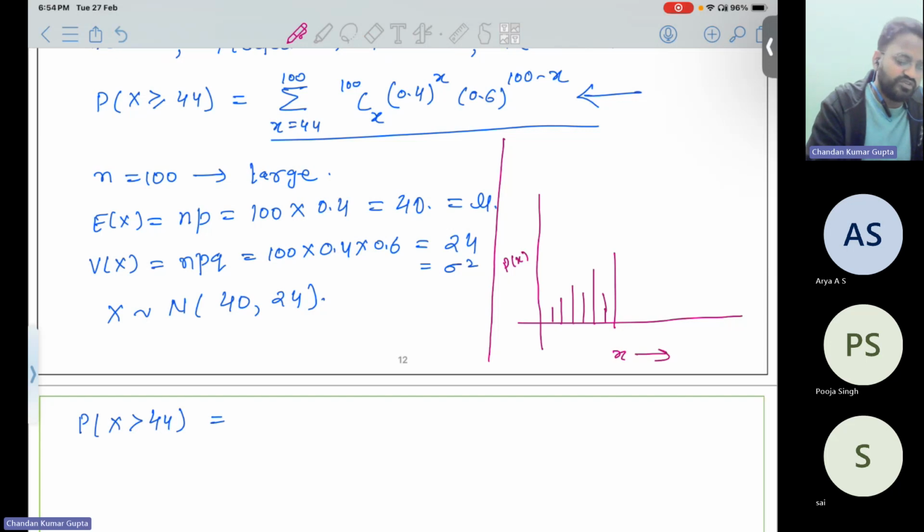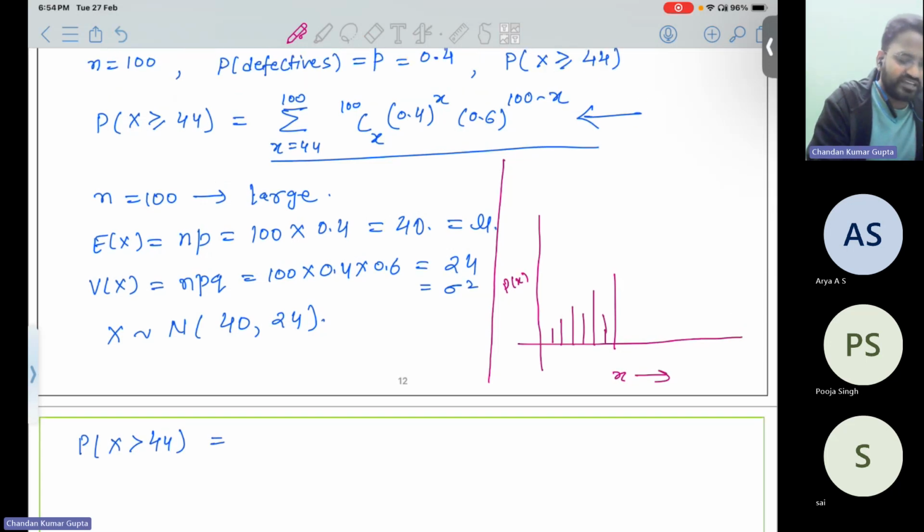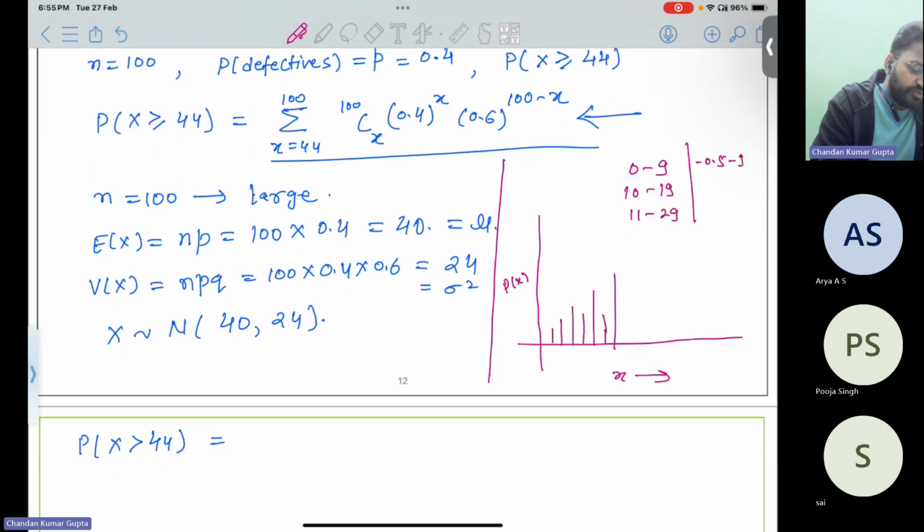In histogram also we have data in exclusive form, suppose 0 to 9, 10 to 19, 20 to 29. Then we first convert these data into inclusive or continuous form, by subtracting half from the lower limit and adding half to the upper limit. So it is minus 0.5 to 9.5, 9.5 to 19.5 and so on.